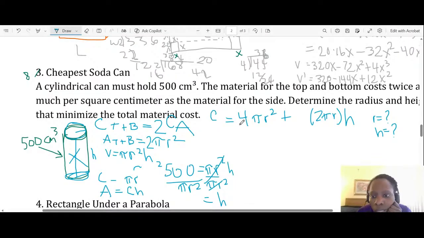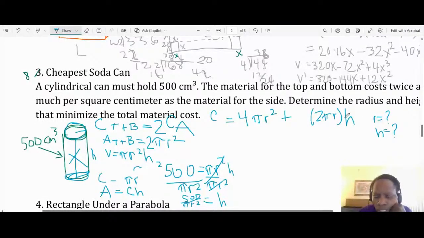Okay, so that's the cost function. All right, so we know that 500, yeah, so h is equal to 500 over pi r squared. That's the relationship between r and h.